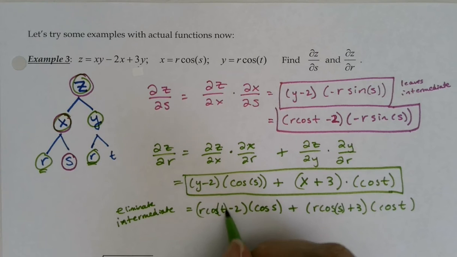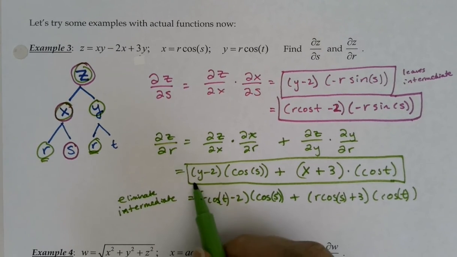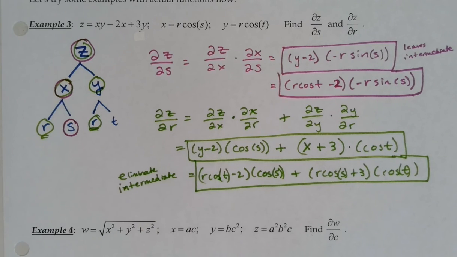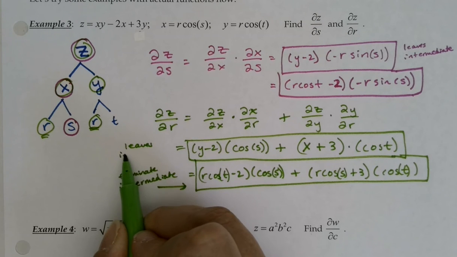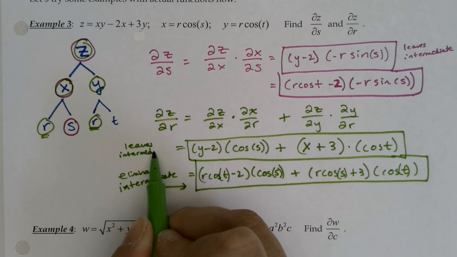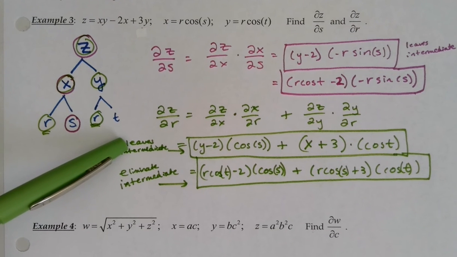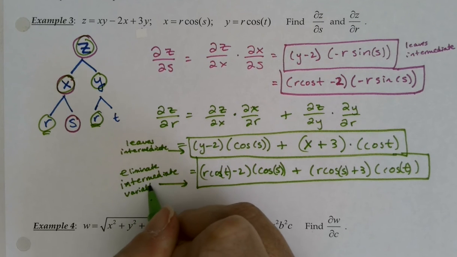I got a little lazy about my parentheses there, but just to make sure it's clear. So this is also perfectly fine. And again, we sometimes use one, we sometimes use the other. It just depends on what we're trying to accomplish, but they're both perfectly valid. So this one eliminates the intermediate. This one leaves the intermediate. And if you're wondering which one you should do, the answer is do whichever one you want. You always start off with the leaving intermediate one. And if you have to eliminate your intermediate variables, then you would just take that extra step.